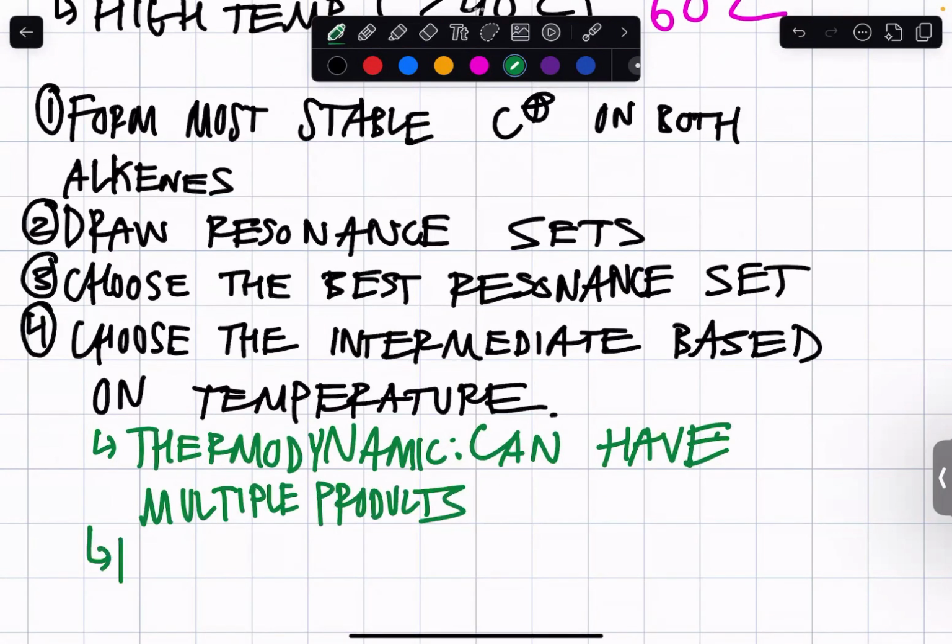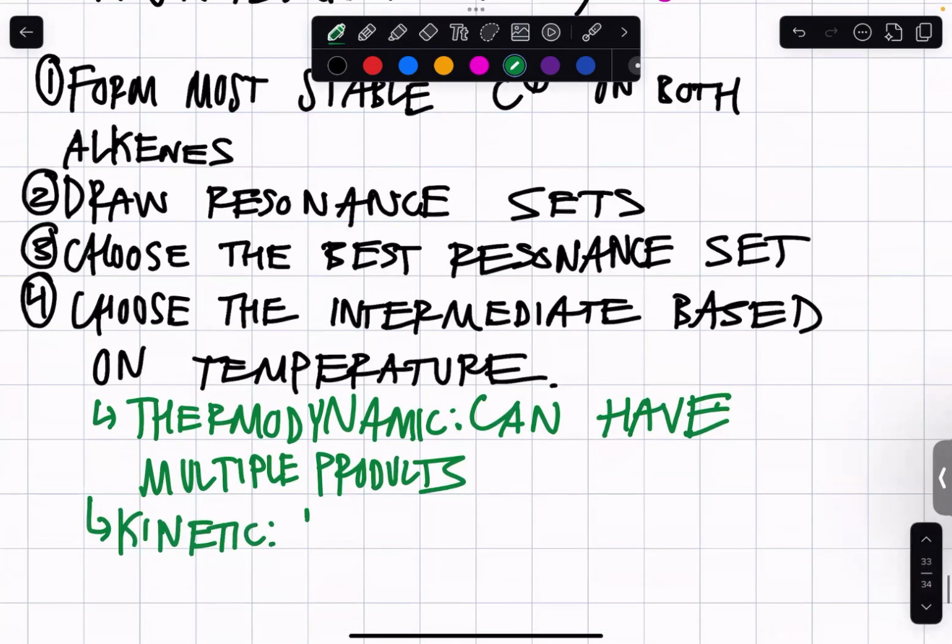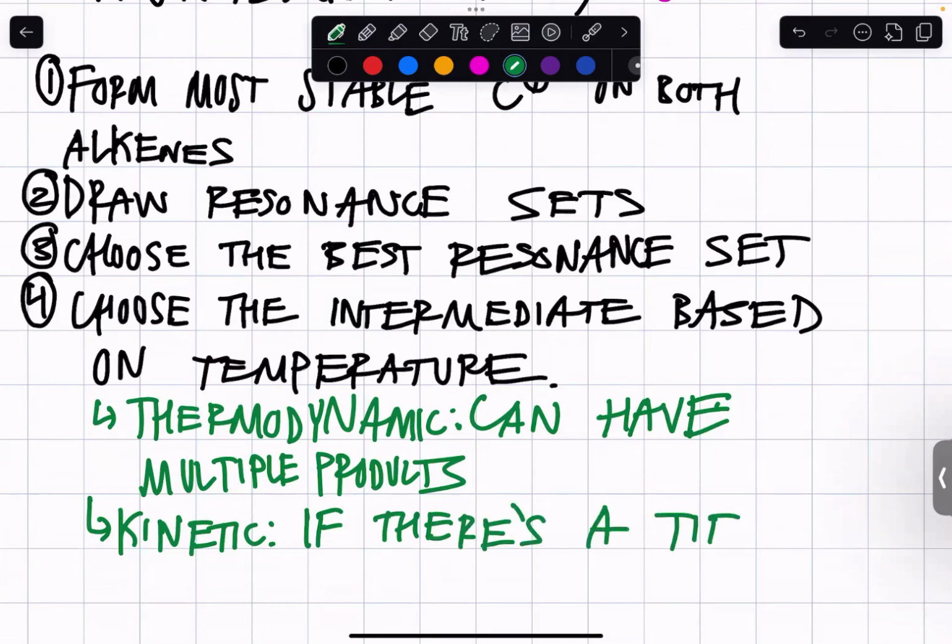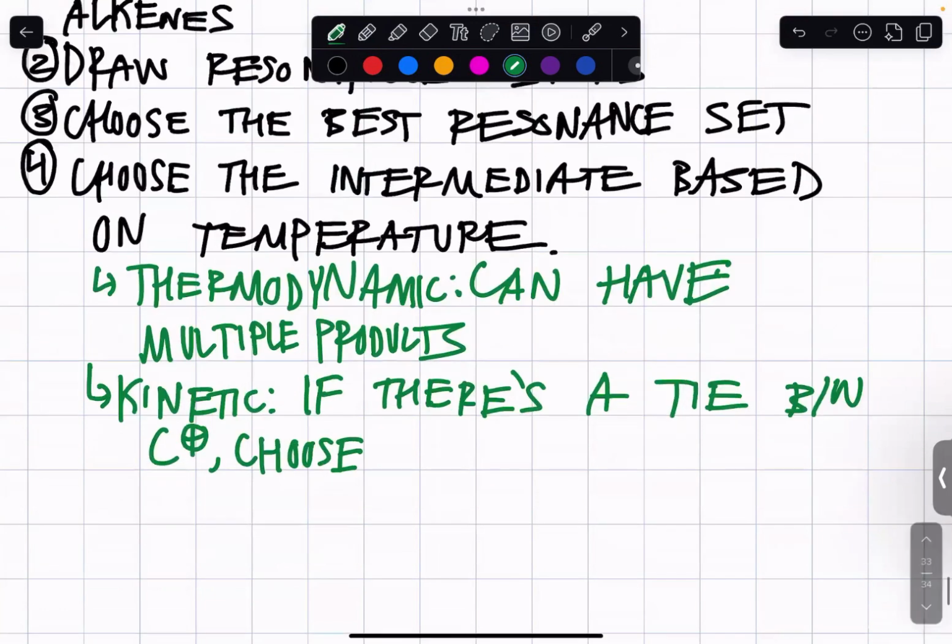For kinetic, since you're looking for the most stable carbocation, if there's a tie between the carbocations, choose the first one that gets formed, because we're thinking about speed here. We wanted the first product that gets formed. Choose the first carbocation that gets formed.